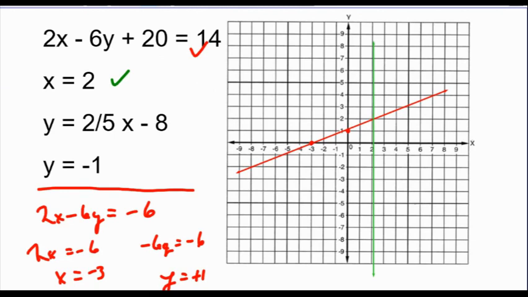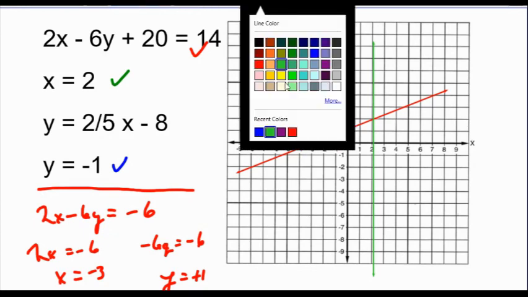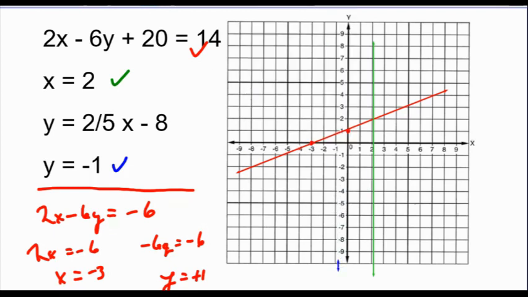And let's do y is -1, nice and easy. Oops, not in green, we want blue. y equals -1, in blue. And y equals -1 right here. Oh, no, that's x equals -1. y equals -1 would be right across that line right there.